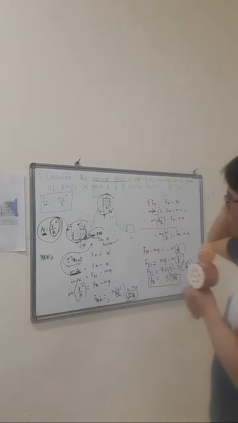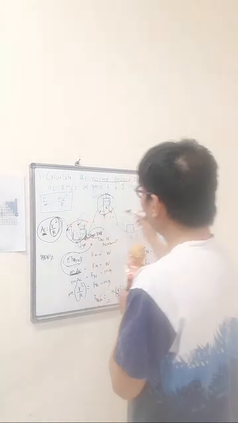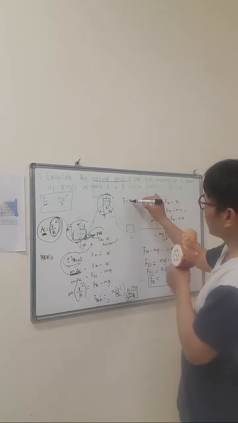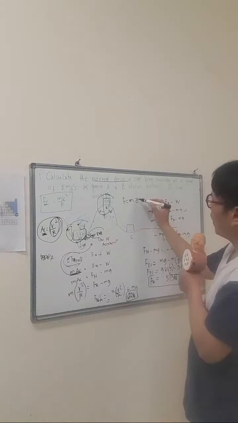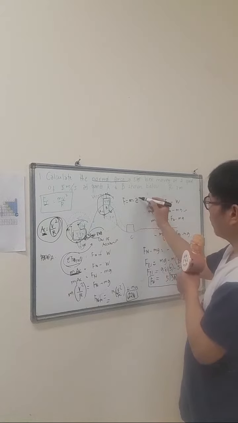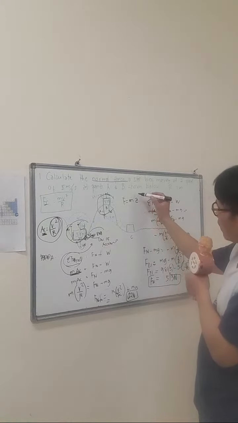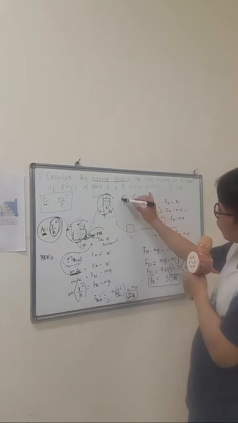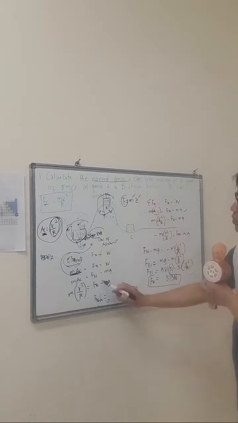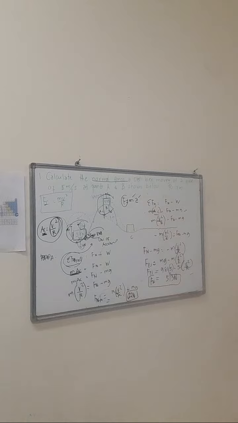For example, we have F equals mass times acceleration, and we have the same mass and the same acceleration used, so the force of the other is also higher. That's the point.